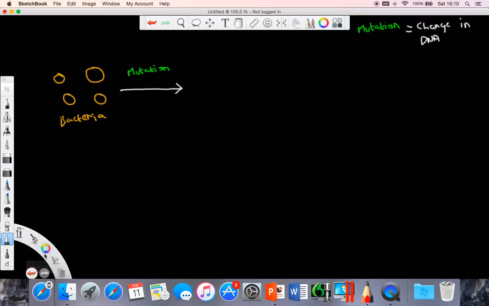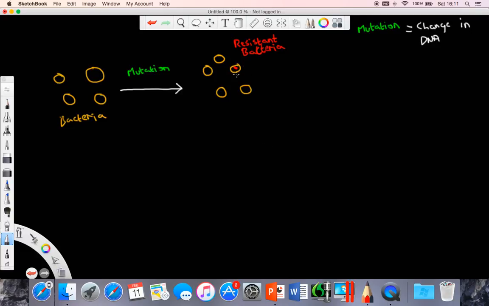Due to a mutation, we have created one bacteria that is resistant to antibiotics. And I'm going to show that by putting a red dot in the middle. Okay? So due to a mutation, which is by chance, it is resistant to antibiotics.